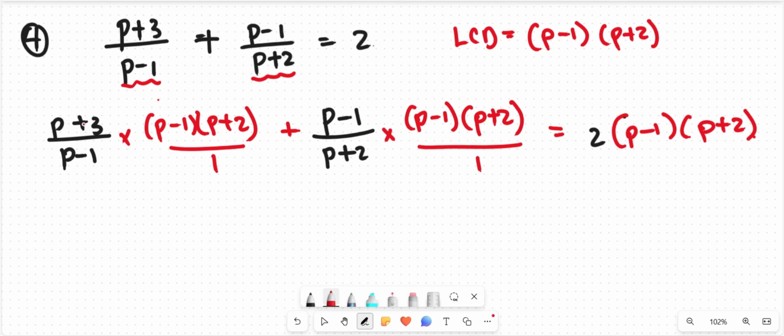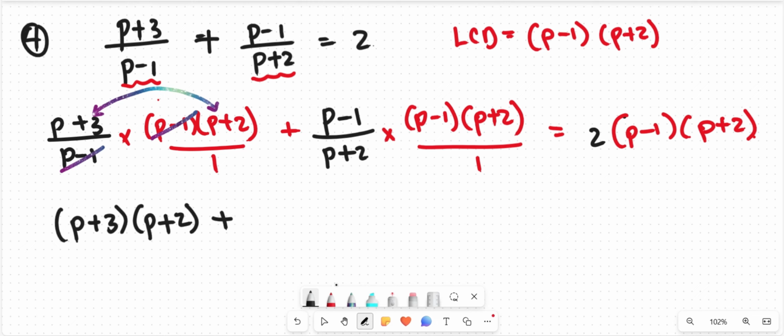Hope that makes sense. Now the brackets are going to cancel. P minus 1 with the P minus 1 cancels. So this P plus 3 and this P plus 2 need to multiply. How do I represent that? I need to represent that as 2 brackets, 2 binomials that are multiplying. And I'll come back and FOIL it later.